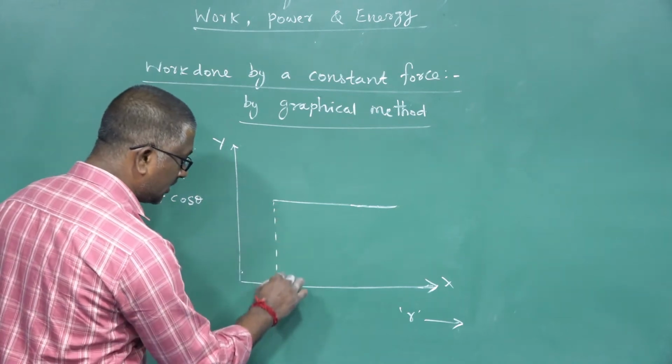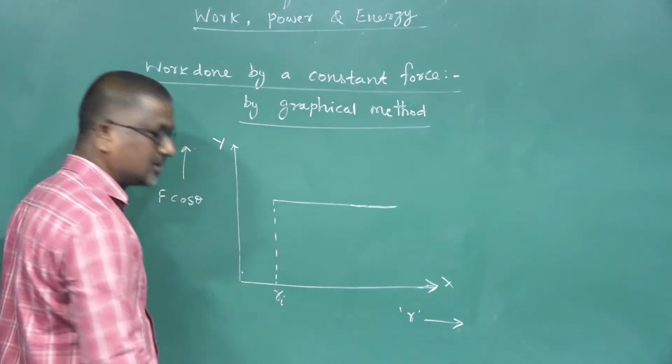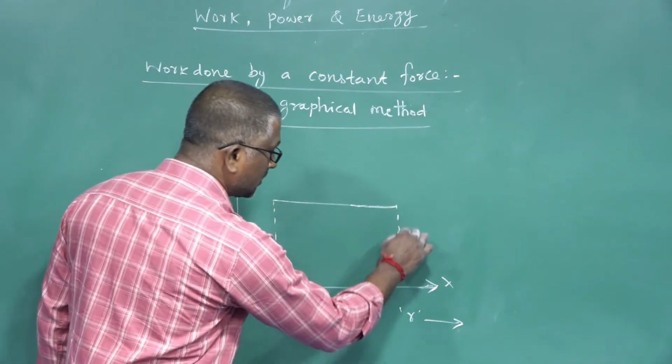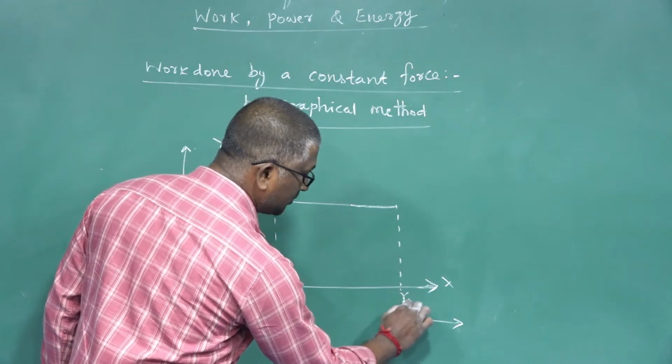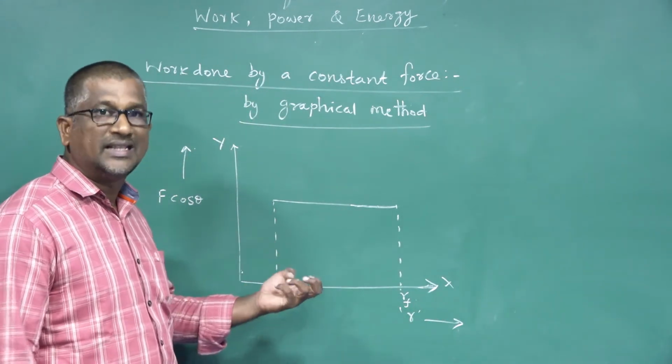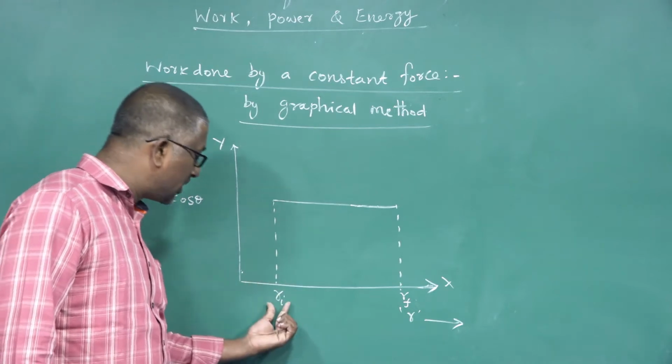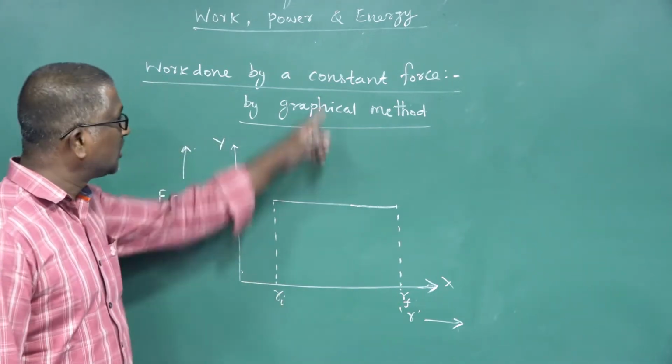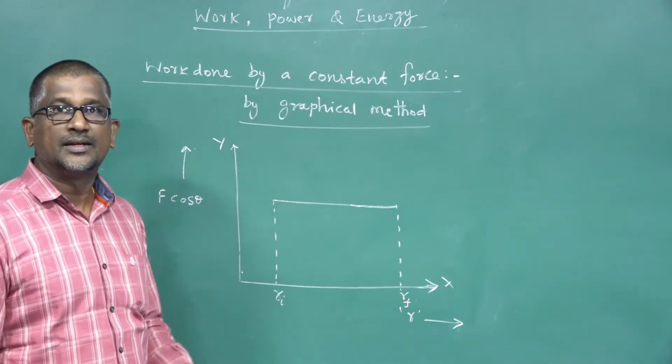And this is the initial position of the object, that is Ri. And this is the final position of the object, that is Rf. How can you calculate the total work done by the constant force to displace the body from initial position to final position by using the graphical method? Simple.